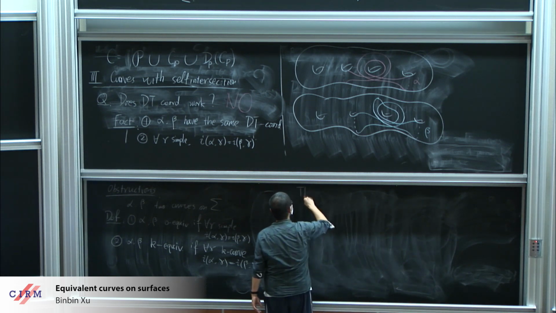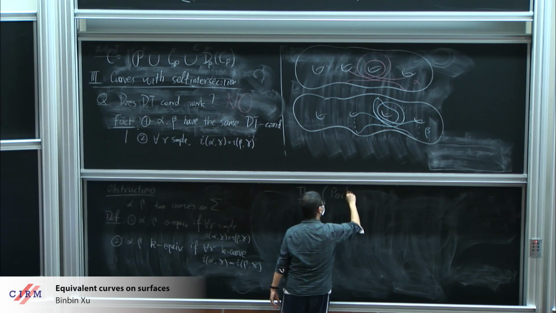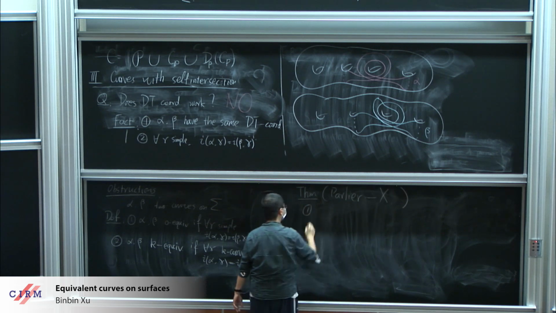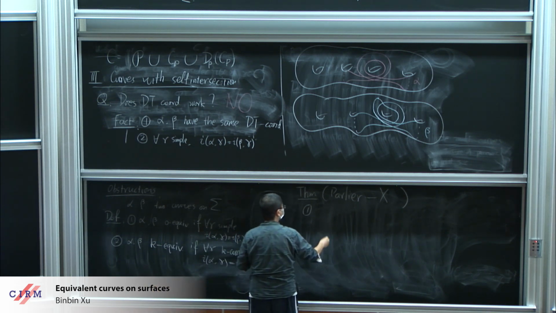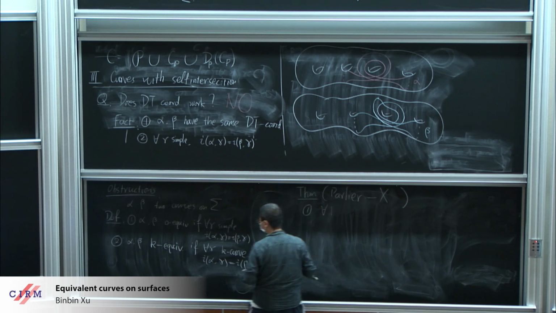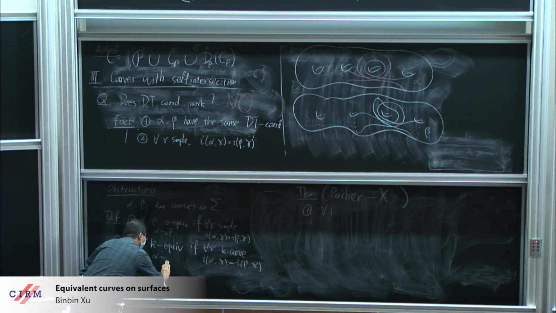So the theorem is the following. First, for any k, let me use a notation: if they are zero equivalent, I just put 0 under this, and then k-equivalent.